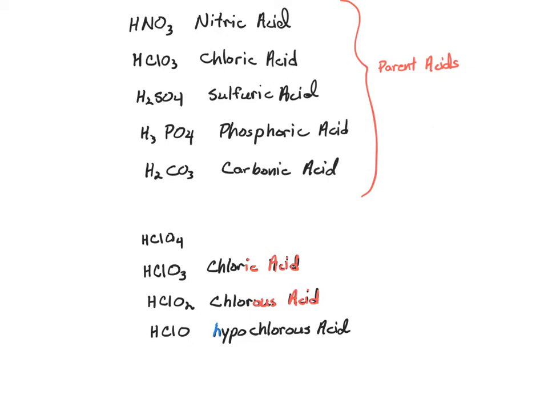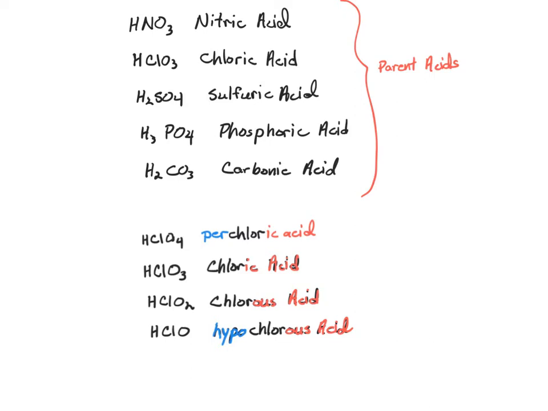Here we're throwing in the prefix "hypo" in addition to the suffix "ous acid." And HClO4 uses the prefix "per" and the suffix "ic acid." So these are the names for these four different compounds.